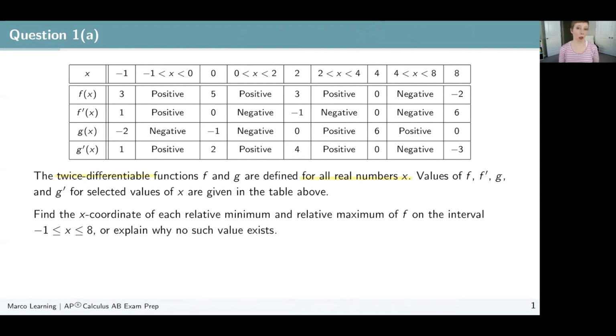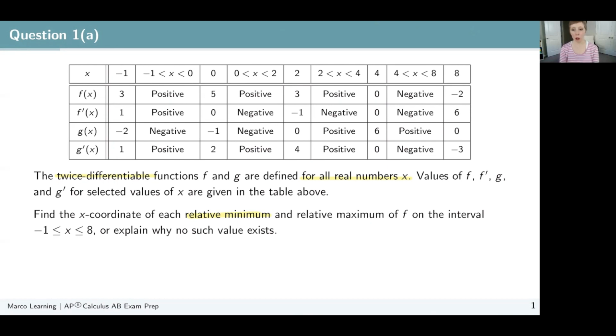The first part of this question asks us to find the x-coordinate for each relative minimum and relative maximum of f on the closed interval from -1 to 8, or to explain why there are no such values. So what are we looking for if we're hoping to find a relative minimum? We do want to be really careful about naming our functions.